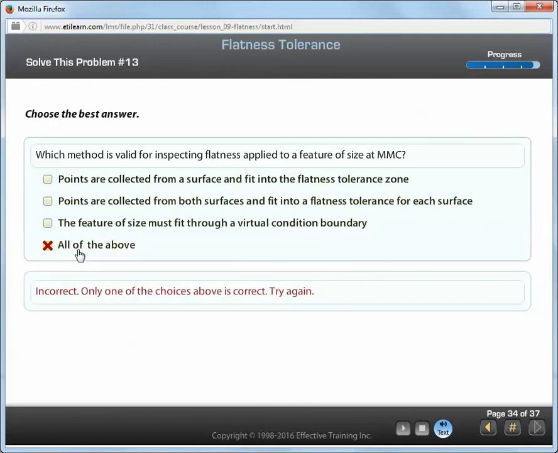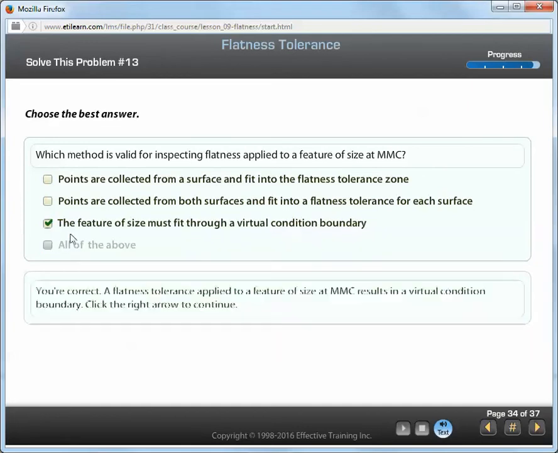Incorrect. Only one of the choices above is correct. Try again. You're correct. A flatness tolerance applied to a feature of size at MMC results in a virtual condition boundary. Click the right arrow to continue.